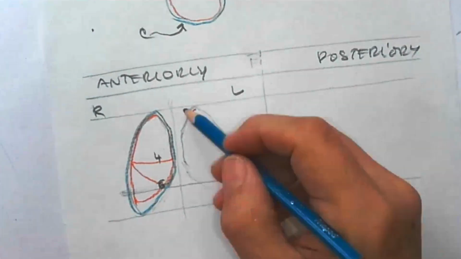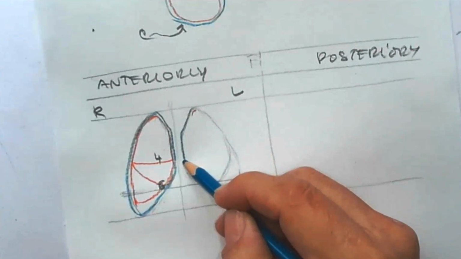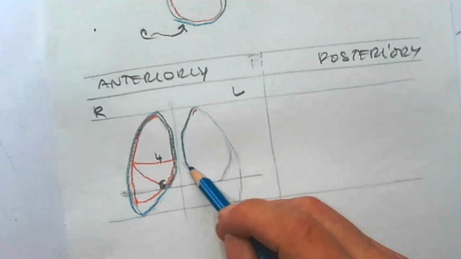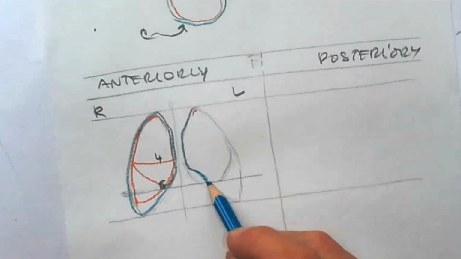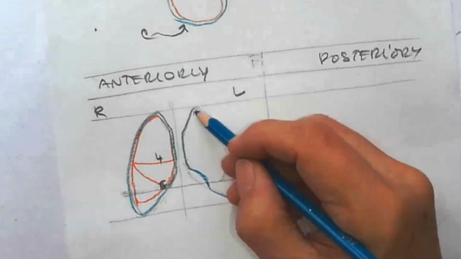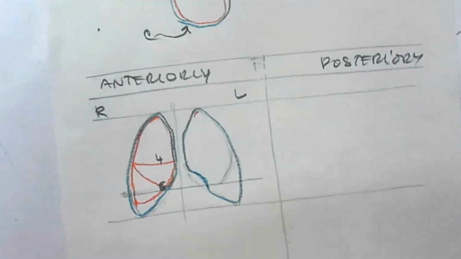So starting with the blue, starting with the pleura, there is a divergence from the right one, because there is a cardiac impression, deeper, also reflected by the pleura parietalis, like in our drawing.